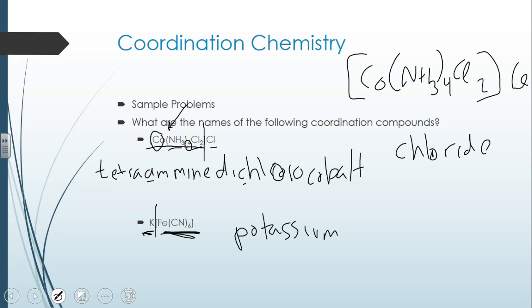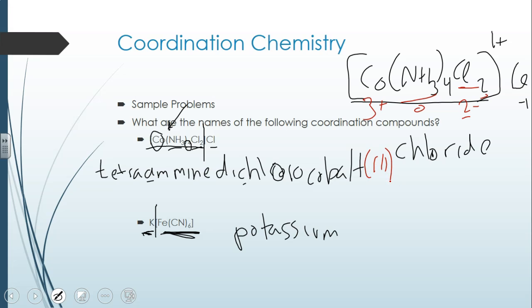So this is a -1 charge, which means that this complex is a +1 charge. So we have to get this thing to add up to a +1 charge. This is 2 minus because there's 2 of these. This is neutral. So the only way to get 2 minus up to 1 plus is that this is 3 plus. So this is going to be cobalt(III).